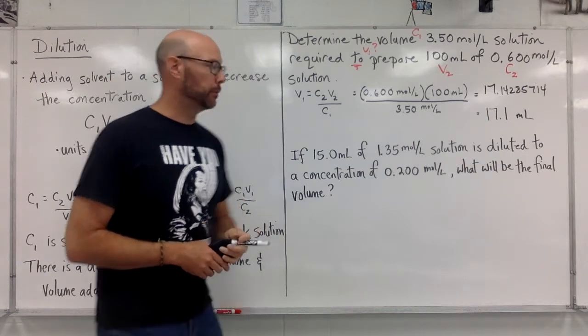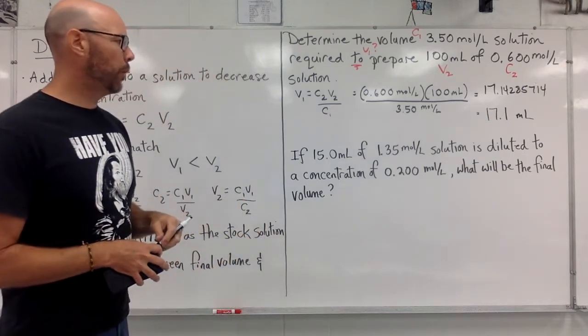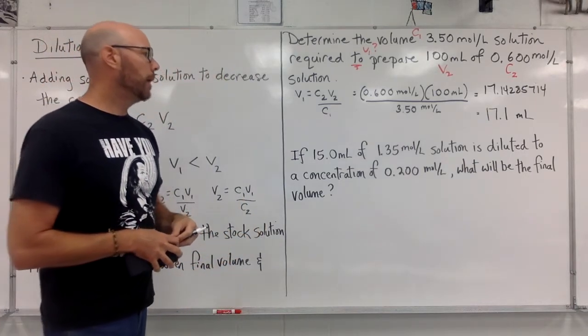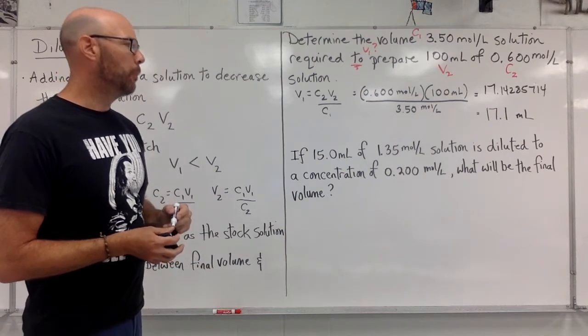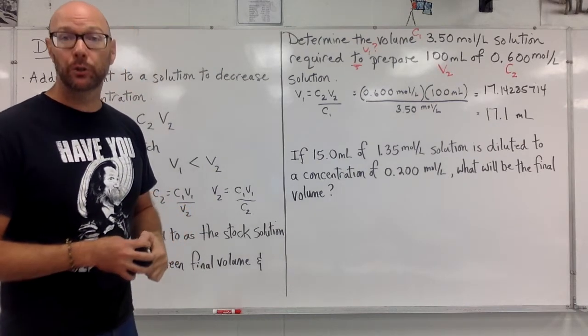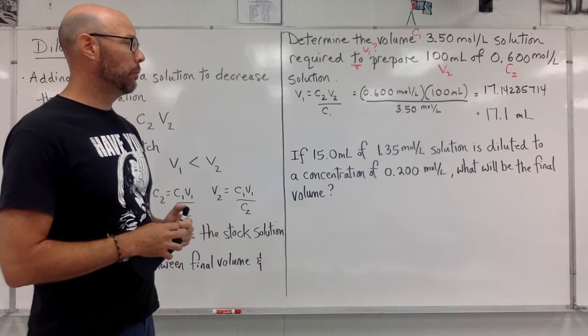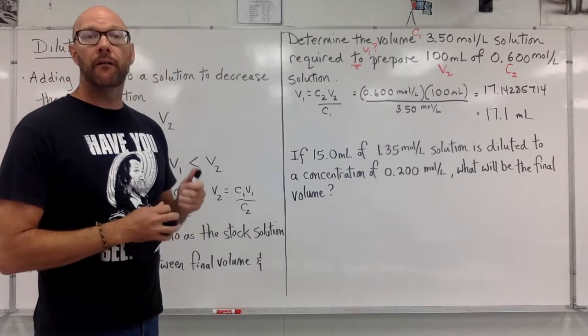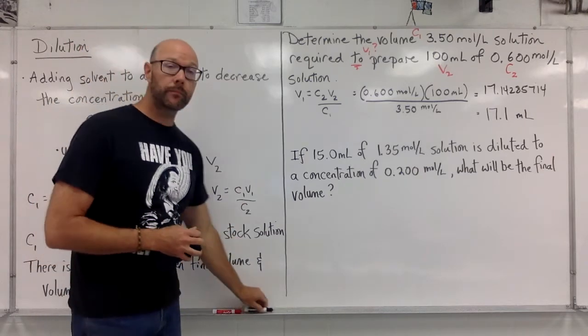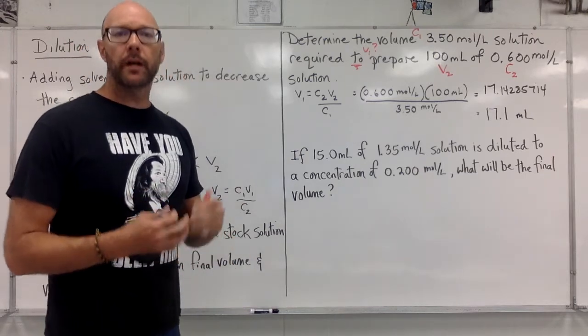Here's a second example. If 15.0 milliliters of 1.35 mole per liter solution is diluted to a concentration of 0.200 moles per liter, what will be the final volume? Again, you might feel comfortable enough to dive right in.